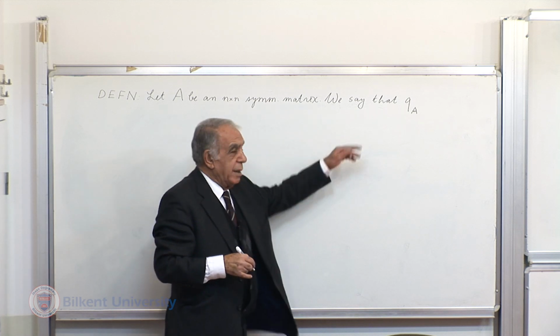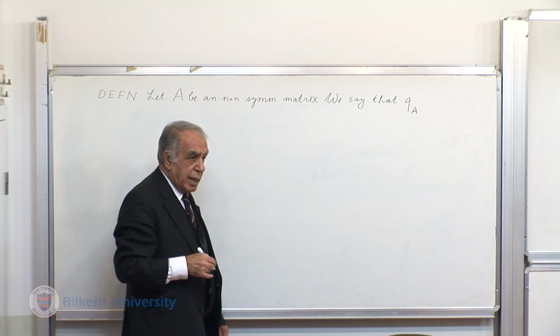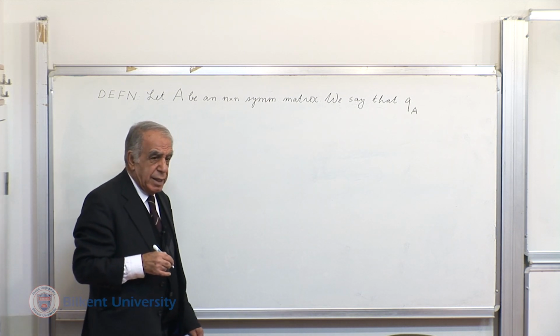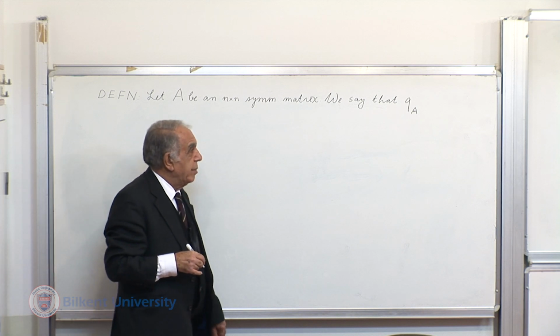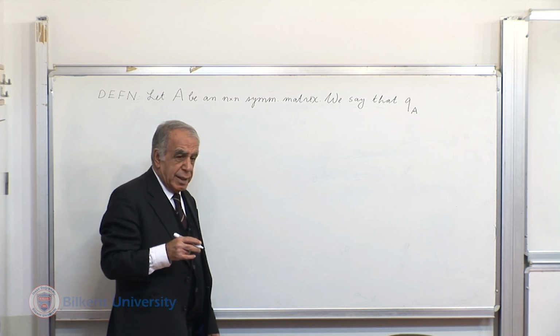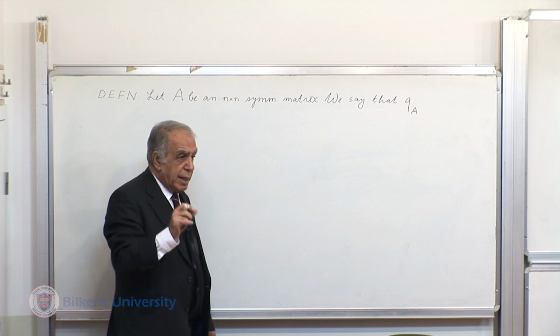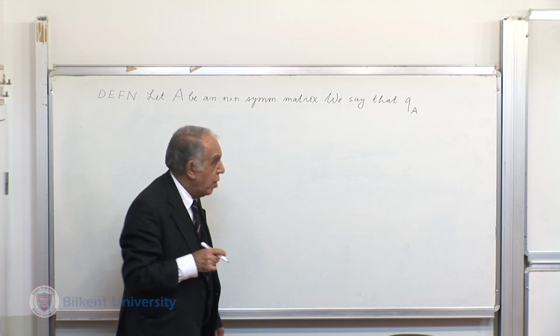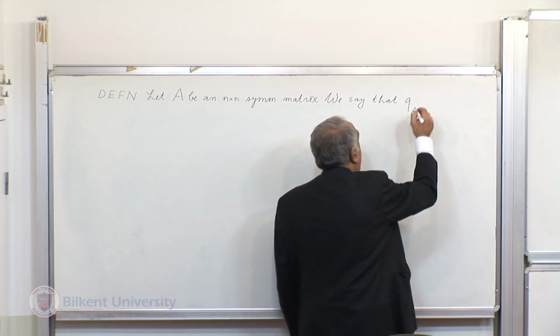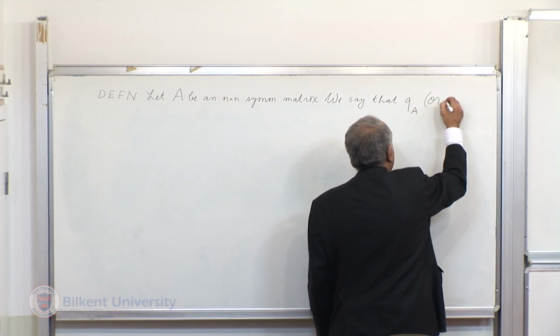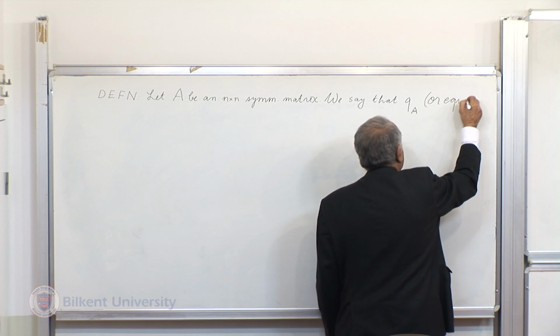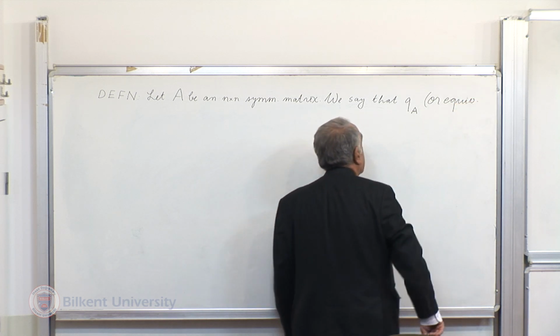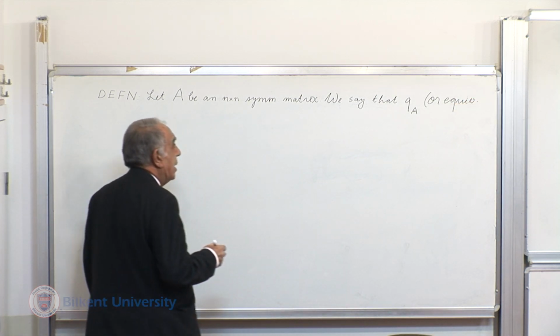That is, this is the function on Rn with values in R, where each x in Rn is sent to x A x transpose, where x is represented as a row matrix. Or equivalently, since there is a one-to-one correspondence between them, we will not make any distinction.